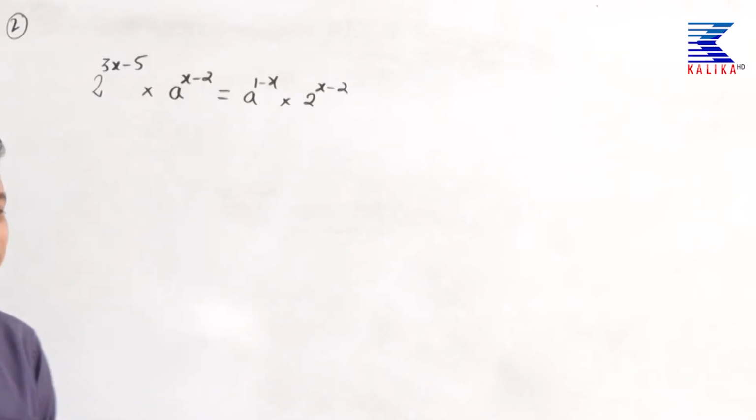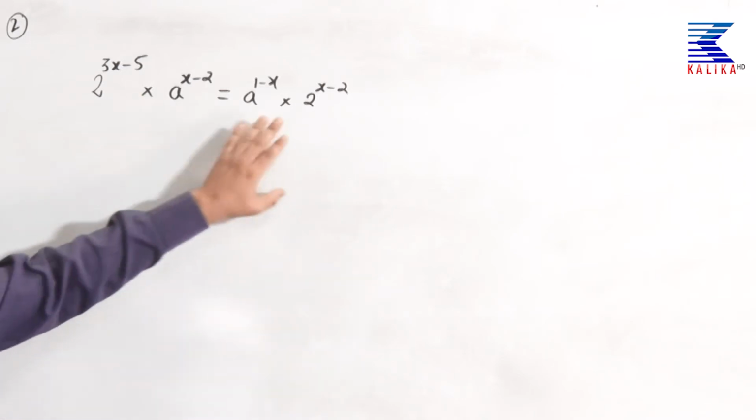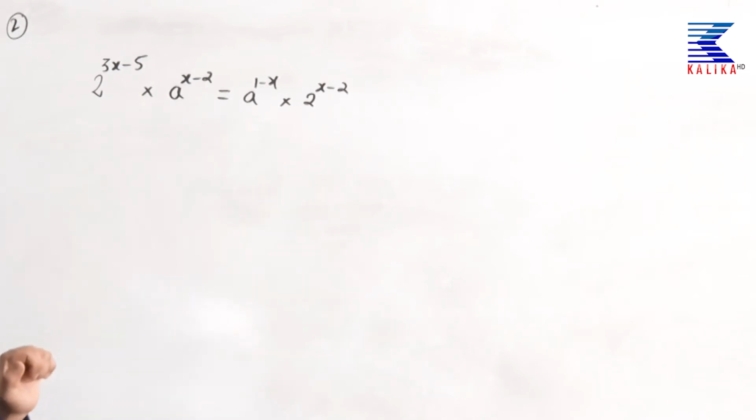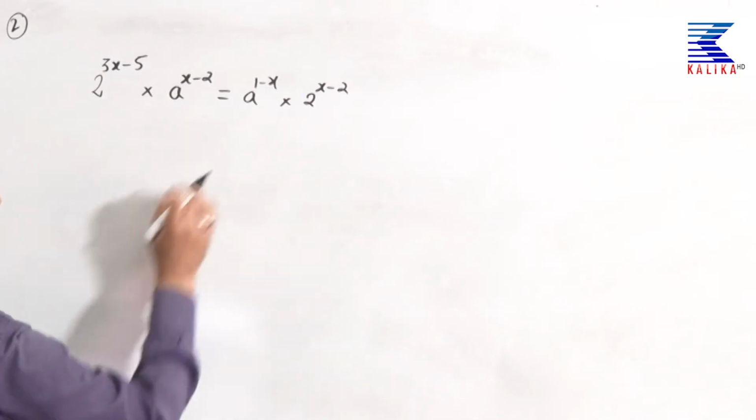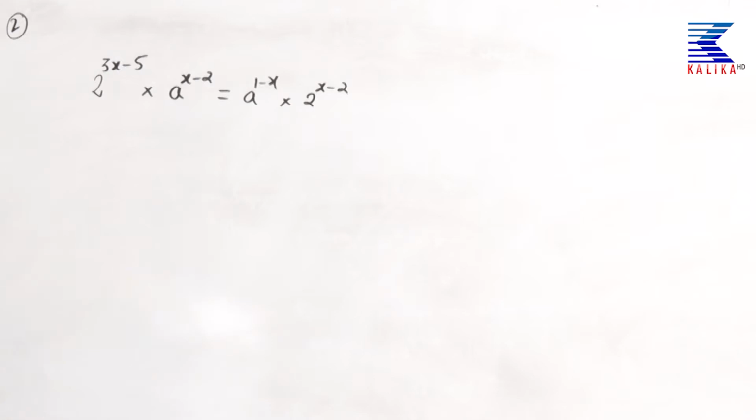So, look, yesterday also I did the same process that I am going to follow today. Here multiplication is the only operation you can see, and then I think here, this question we need to solve for x.